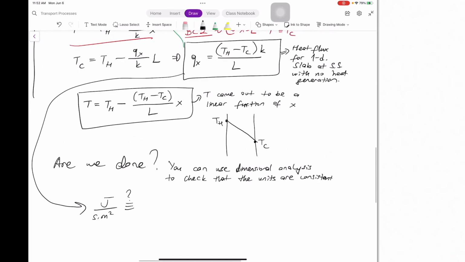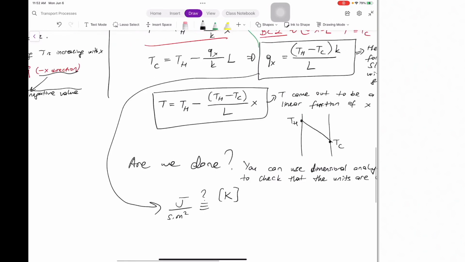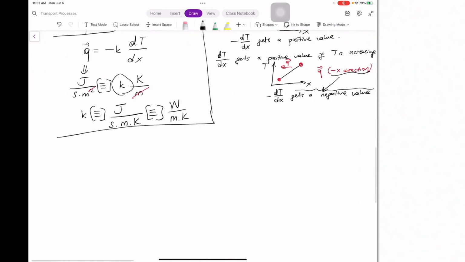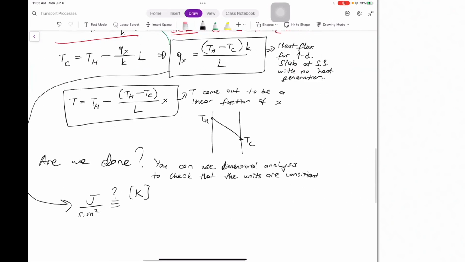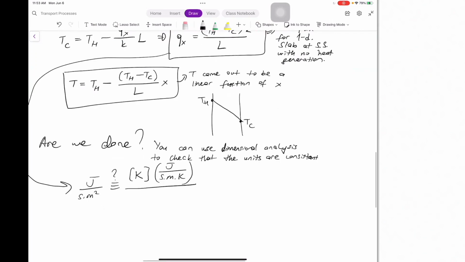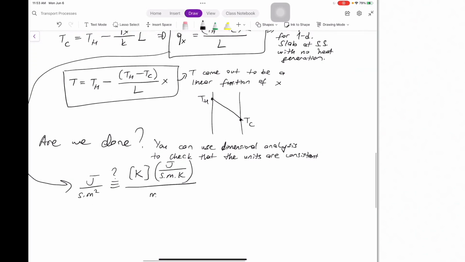We ask, is it the same as the right-hand side? The right-hand side has the units of Kelvin for the temperature difference, right? For the k, the heat conductivity, it has the units of joules per second meter Kelvin, divided by length, which has the units of meters.